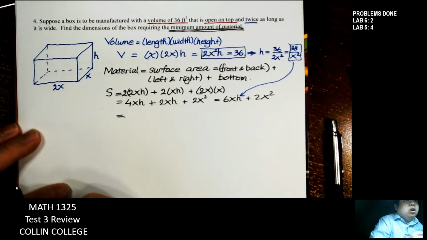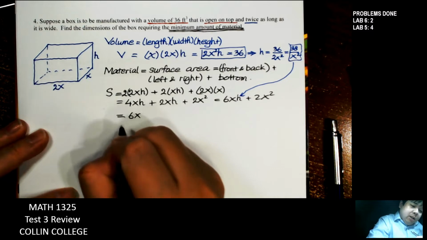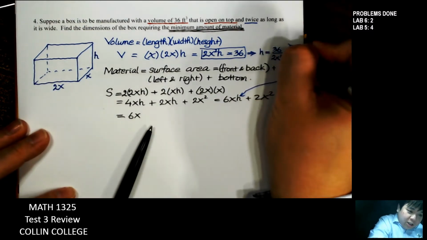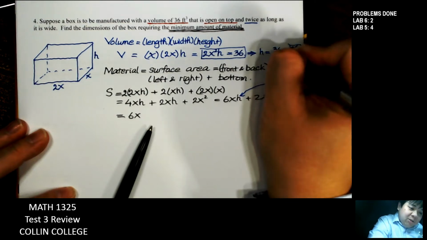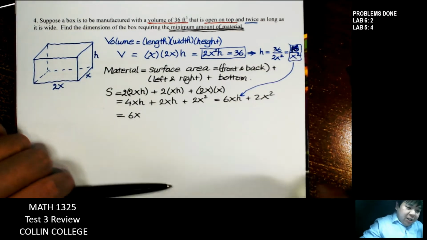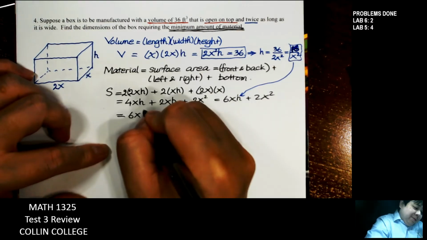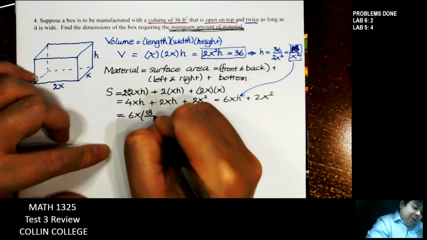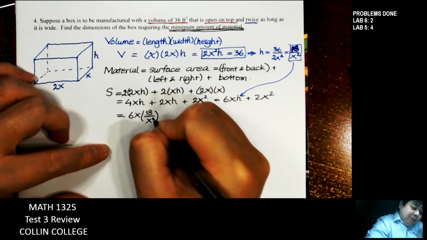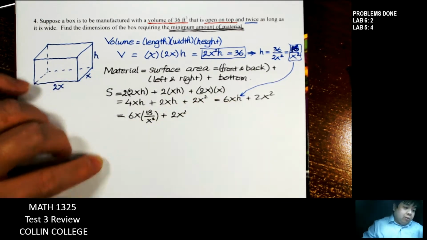Right. So we're going to substitute that in for h. We can only have one variable here. So we do that, we should have 6x times 18 over x squared. Sorry, 36 and 2 reduced to 18.